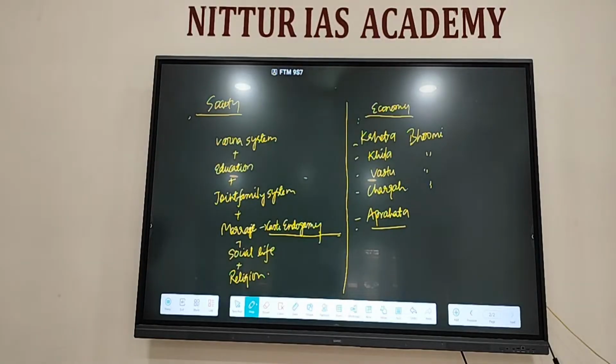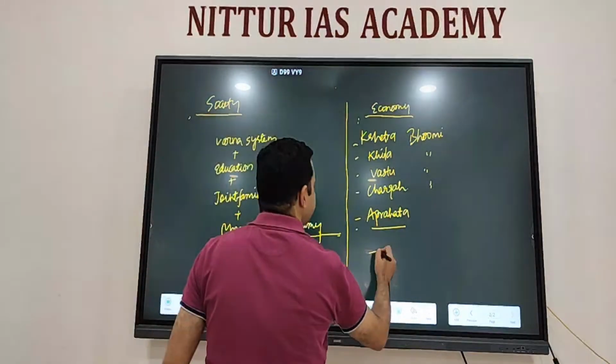The major cities mentioned in Gupta's period include Patliputra, Ujjain (which is Avantika), Mathura, Tamralipti, and the Prayag region.